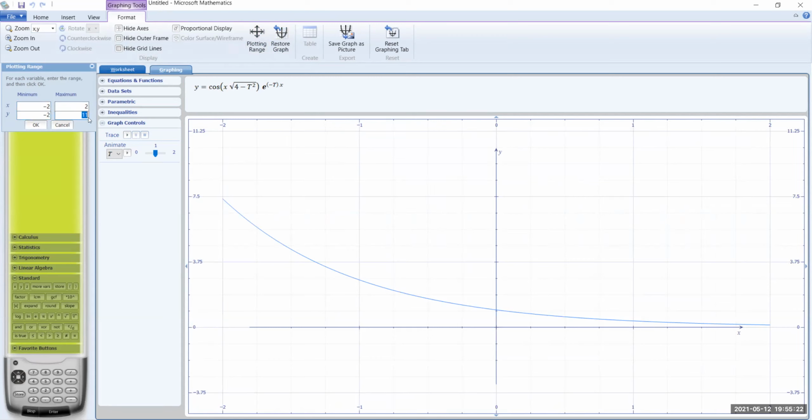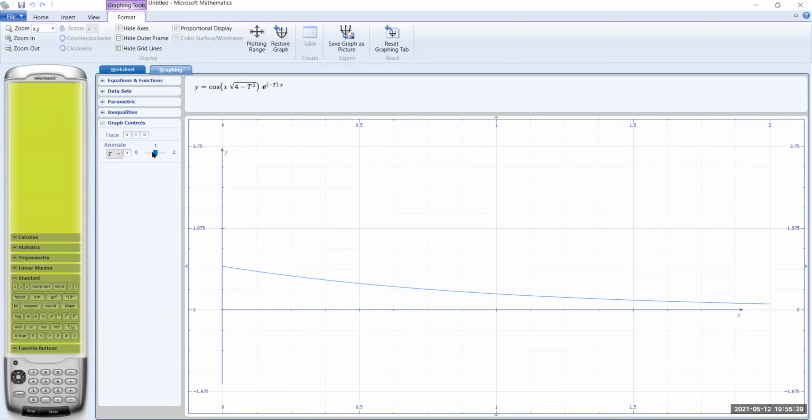Okay, let's say okay. So this is how the graph looks, but this is for t equals 1. 4 minus, why is it not oscillating? It should be oscillating. It's being damped quickly. How about if I make this number smaller, 0.1?